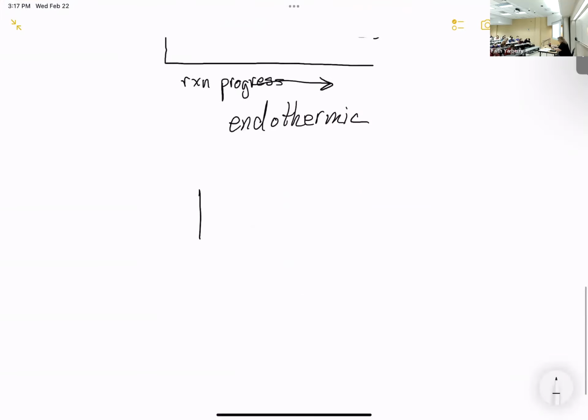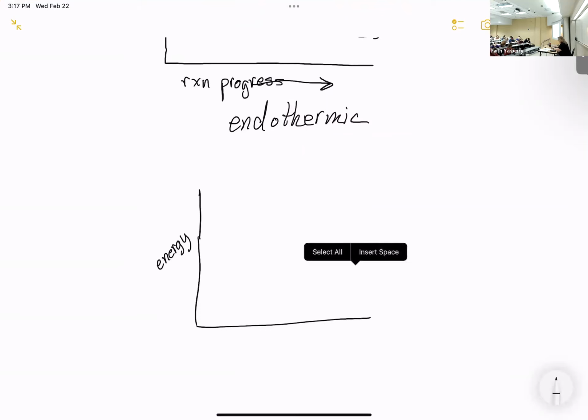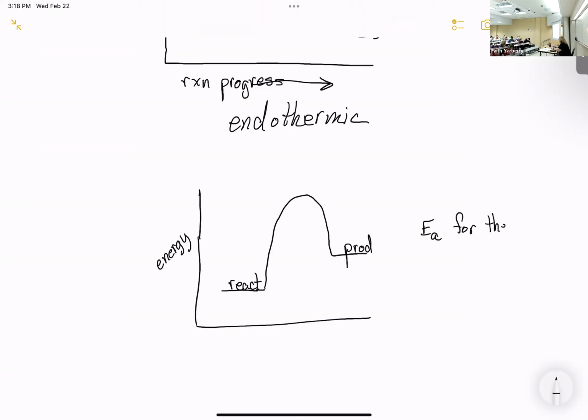Because let's say I have energy. I draw, we'll go with the same one I just drew. If I say, okay, what is the energy of activation for the reverse reaction?